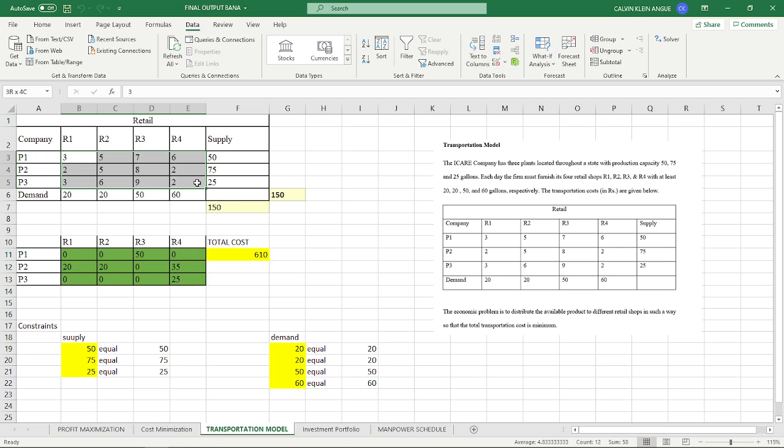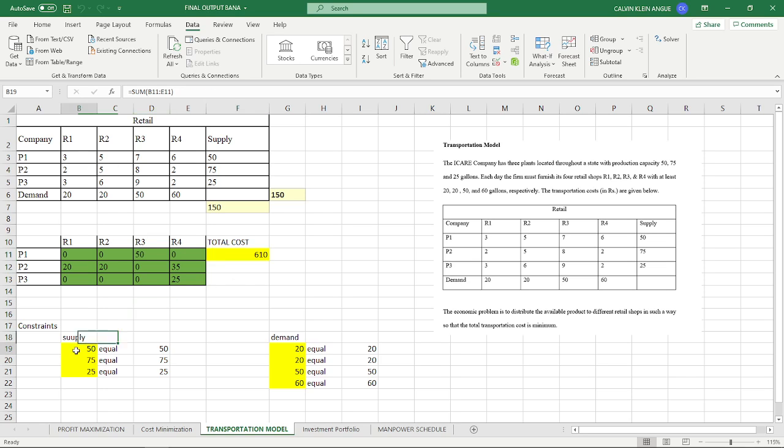You need the sum of product of this part and this part. That's our formula, the sum of product of this part and this part. So to get our total cost, you need to sum. You can do it one by one. It's 3 times 0, this part and this part, you can just do it one by one. But I just simplify it.